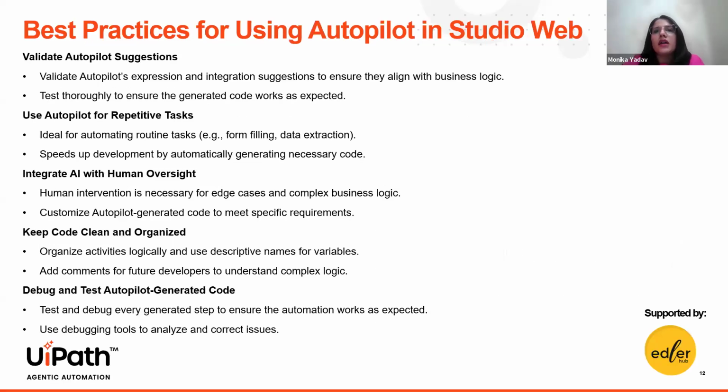Okay. So, best practices. UiPath Autopilot is a powerful AI-driven tool that simplifies automation development. But it is important to understand how to use it effectively, right? The best practices that I'm going to explain right now will help ensure accuracy, maintainability, and scalability of the automation.